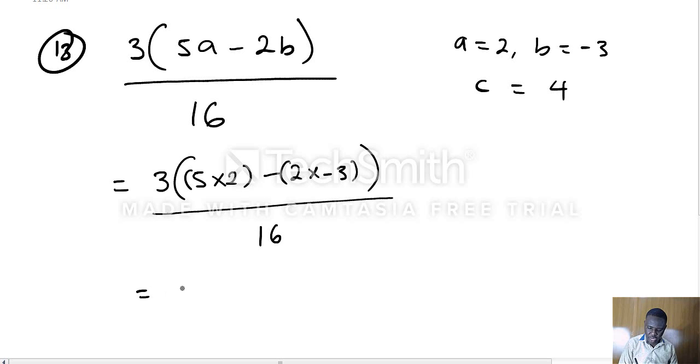So simplifying this further, I'm going to first of all simplify what I have in the inner bracket.